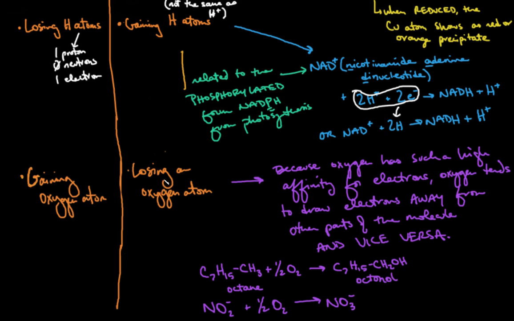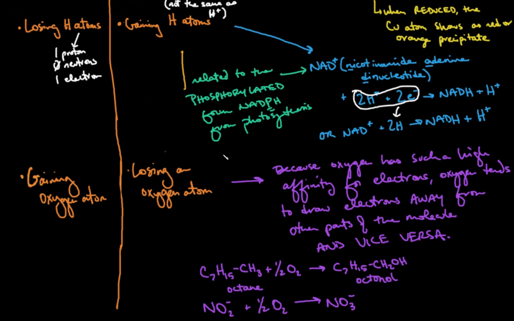The reason for that is because oxygen, if you remember from your periodic table, has an atomic mass unit of 16, 8 protons, 8 neutrons, and it is so much larger than a hydrogen that it has this great affinity for electrons, right? So it's going to attract electrons to it.